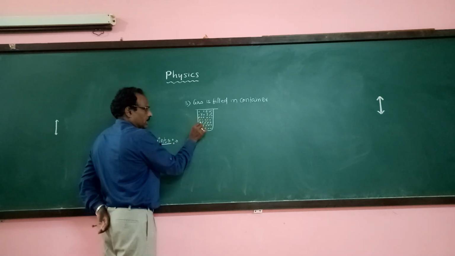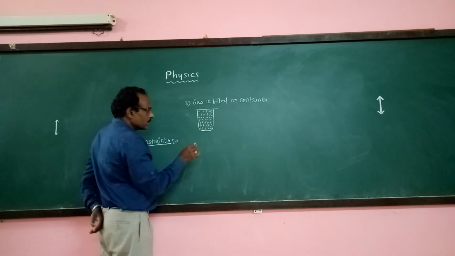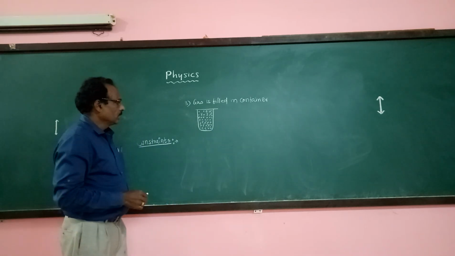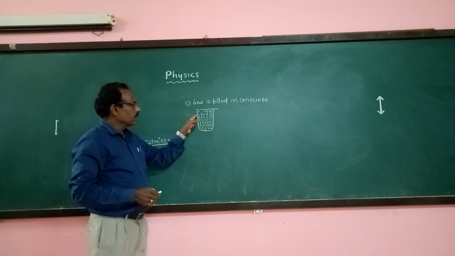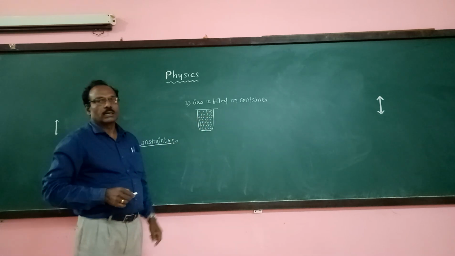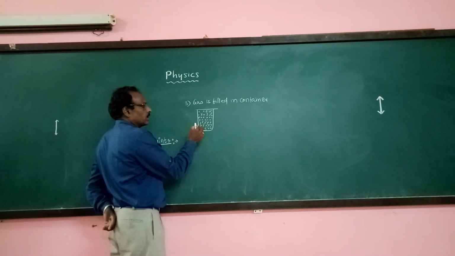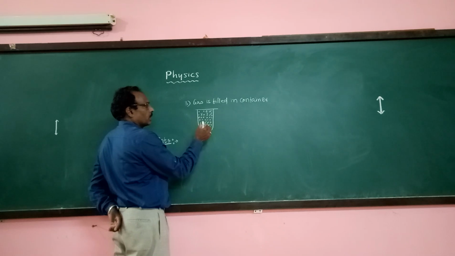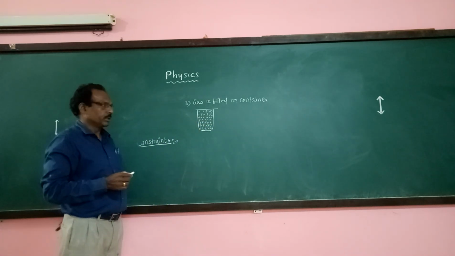The constraint imposed on the molecules is that they can move only inside the container. This is another example of a constrained motion.